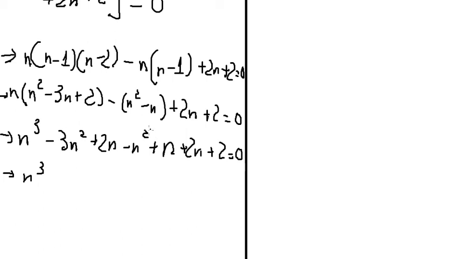Negative 3n squared and negative n squared, you get negative 4n squared. 2n and n, you get 5n. This one you get the number 2.